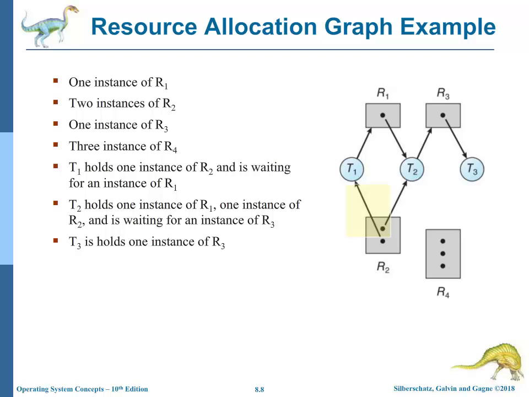T1 holds one instance of R2 and is waiting for an instance of R1. T2 holds one instance of R1, one instance of R2, and is waiting for an instance of R3. T3 holds one instance of R3.